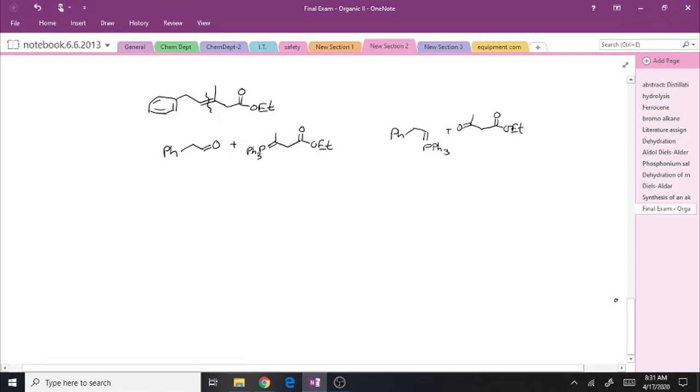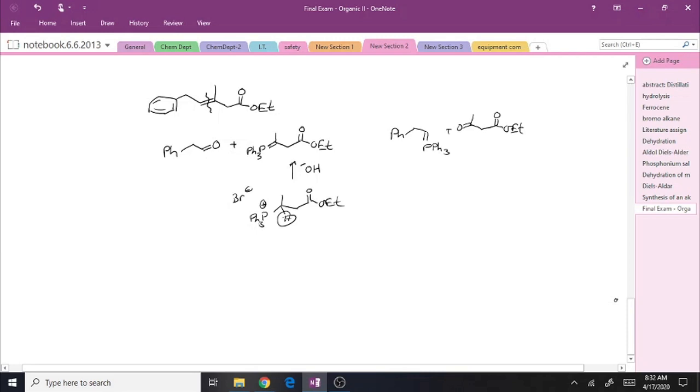And of course, to make the ylide itself, you would need to recognize that this would be derived from the corresponding salt, meaning we have a single bond there. And of course we have a proton on this, and we would treat that with some kind of base, sodium hydroxide or potassium hydroxide, to remove this hydrogen.